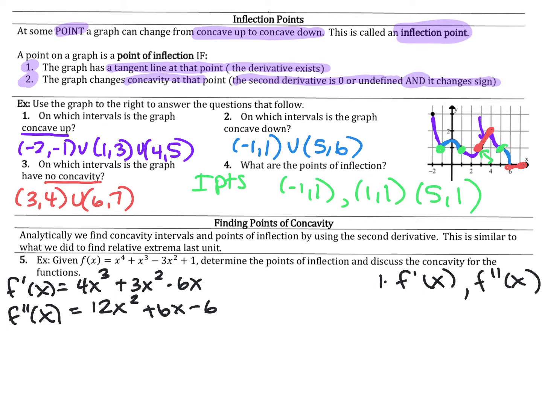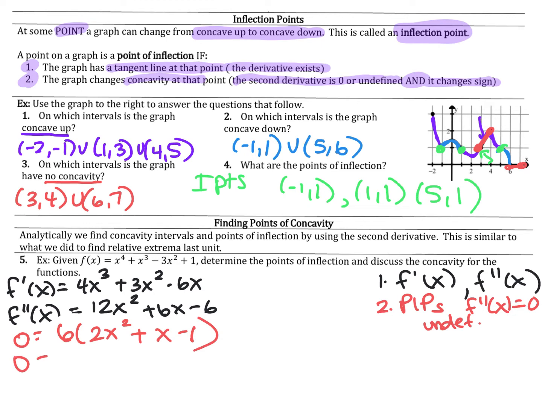So in order to find our possible points of inflection, which I'm going to abbreviate as PIP, possible inflection points, we want to know where our second derivative is either undefined or 0. And in this case, since it's defined everywhere, the only thing that we're going to look for is where this is 0. So I'm going to go ahead and factor out the greatest common factor here, which is 6, to make this a little easier to solve.